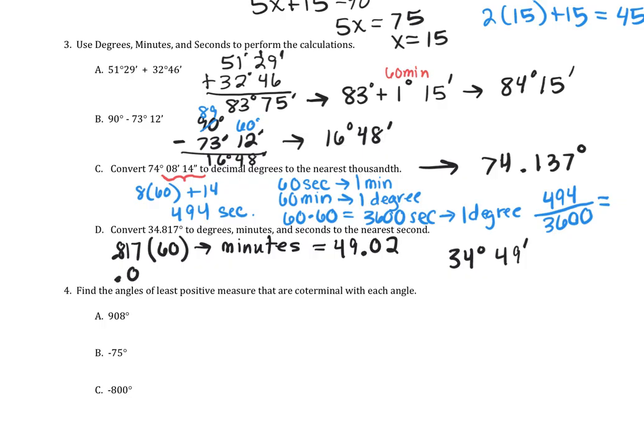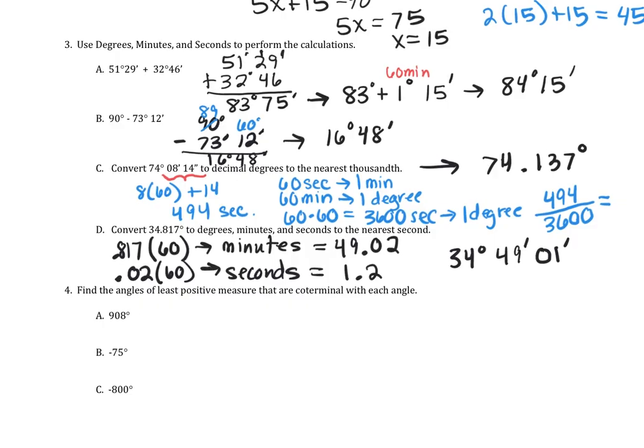So that 0.02, if you multiply that part of a minute times 60 seconds, this will give us the number of seconds. 0.02 times 60 equals 1.2. So we've got 1 full second. Now we always do 2-digit place for our minutes and seconds, so we round it off and drop off that 0.2 seconds.